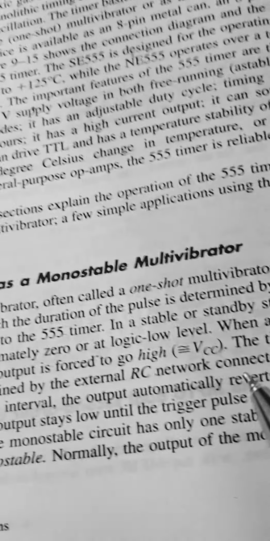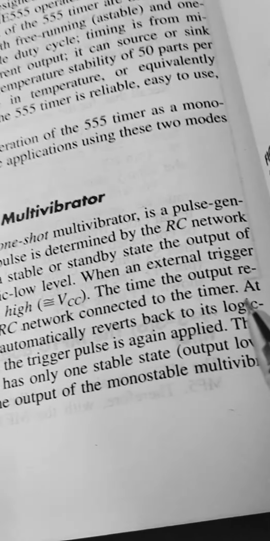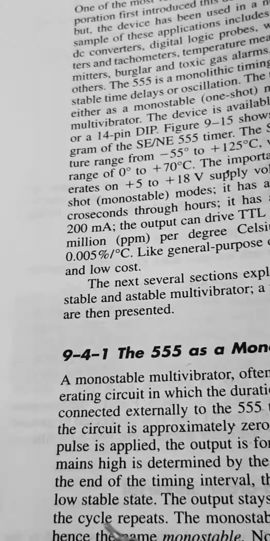The time the output remains high is determined by the external RC network connected to the timer. At the end of the timing interval, the output automatically reverts back to its logic low stable state. So low means, in monostable, it is the stable state.